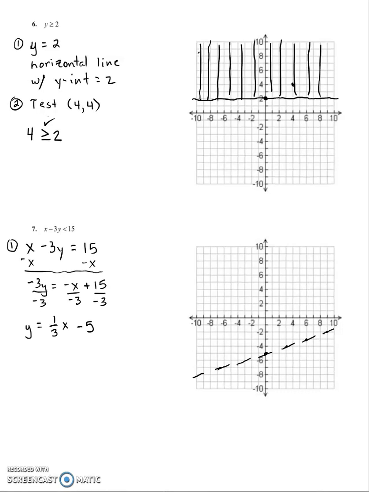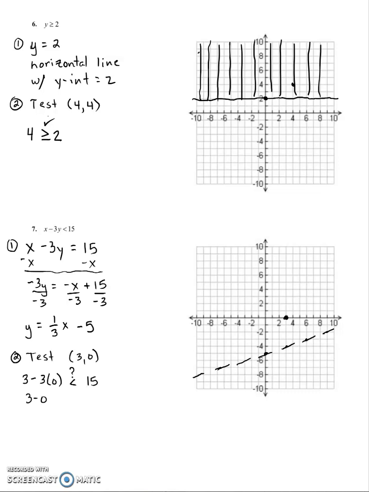Okay, now we need to choose a test point. So I'm going to choose the point 3, 0 looks like a good one. So test 3, 0. I'm going to go back and plug into my very original inequality. So x is 3 minus 3 times 0, and we want to know if that's less than 15.